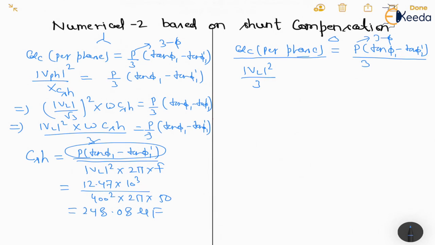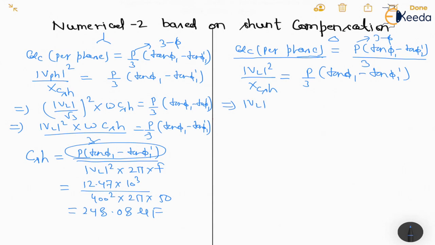So if you write the QC per phase, it will be VPH of the capacitor bank square upon XCSH, and we know that VPH square of the capacitor bank in delta is equal to the line value. So VL square upon XCSH is equal to P by 3 tan of phi 1 minus tan of phi 1 dash.